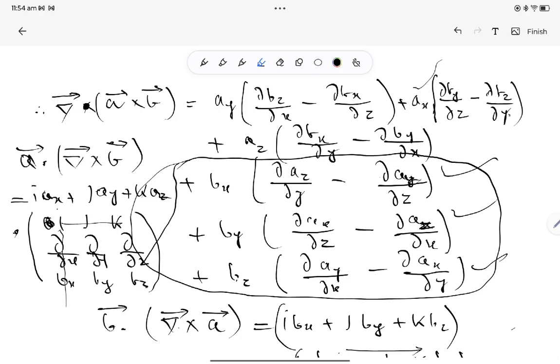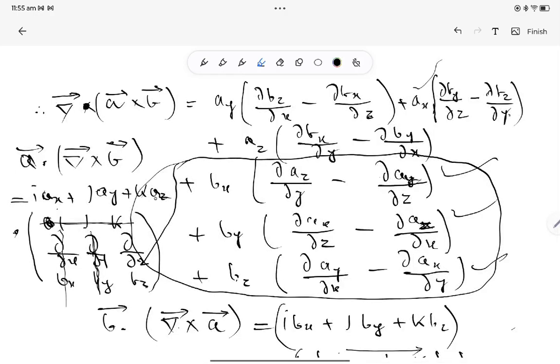Now come to this term, Ay. The y component here will be in reverse form, del Bx by del z minus del Bz by del x, again reversed. That means we will have to take minus as common, then this will be restored in its proper form.